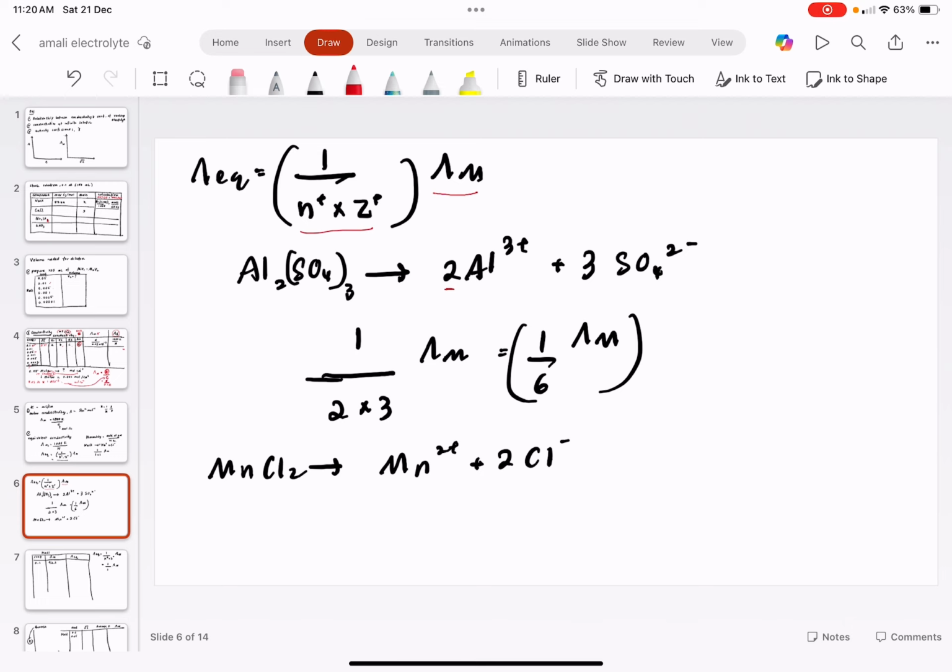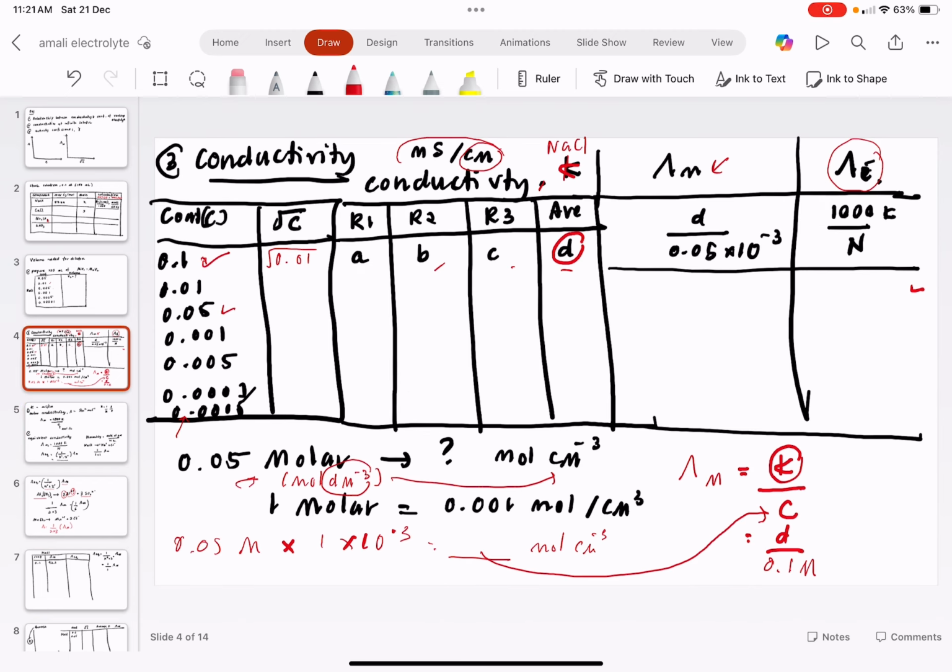You know it produces 2 Al3+ and 3 SO4 2-. So the equivalent conductivity is equal to 1 over, what would be the n here, 2 times 3, then times the molar conductivity for these concentrations. Then you can fill in this column for the equivalent conductivity. So you need to have the complete table.